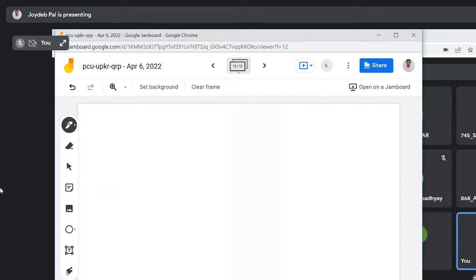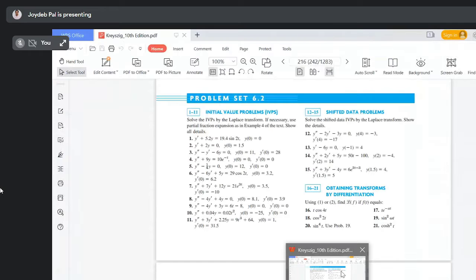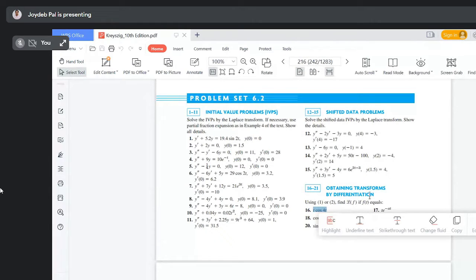Okay, one more I am showing related to derivative. Like t cos 4t. Okay, t cos 4t. Otherwise, okay, I'm telling you the idea.